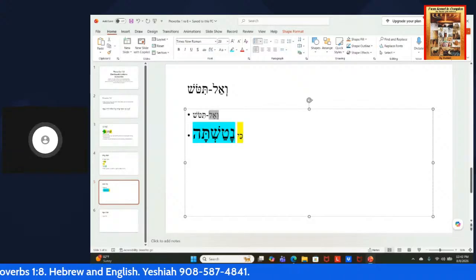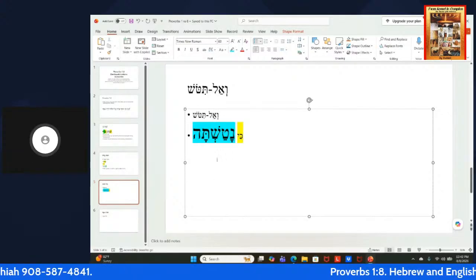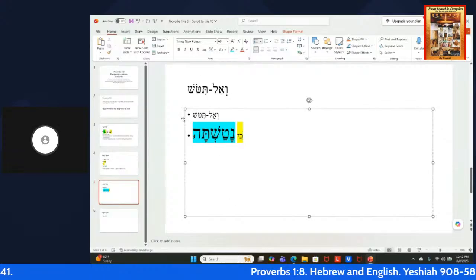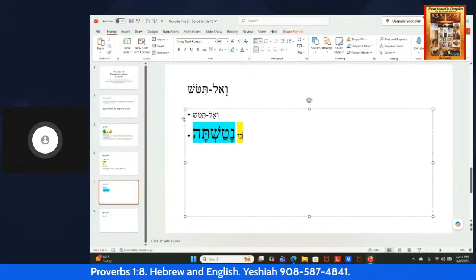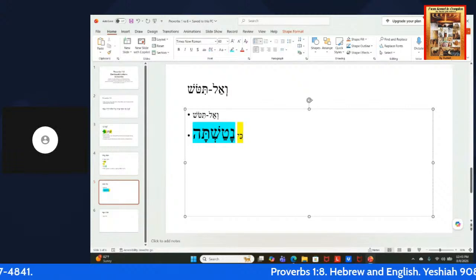We've already explained the al matter, bold, not bold. So now, Titosh is a future tense word, which means you will forsake, you will abandon. The past tense of such is natashti, I forsook. Natashta, you forsook. All right.